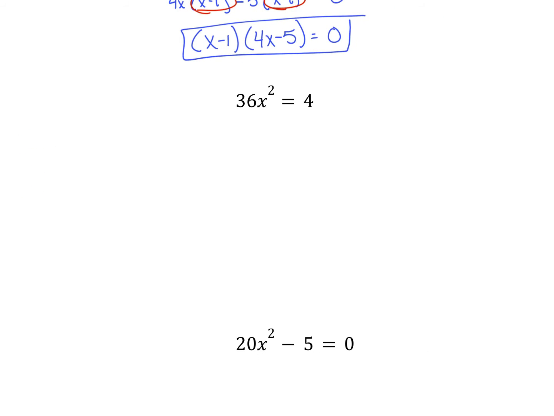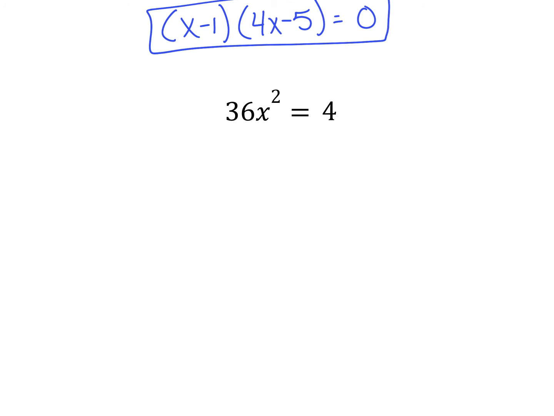Okay. In this next one, I am not in standard form, so let's go ahead and put this in standard form right away. Minus 4 minus 4, that will give me 36x squared minus 4 equals 0. And the first thing I want to do is look for a GCF.